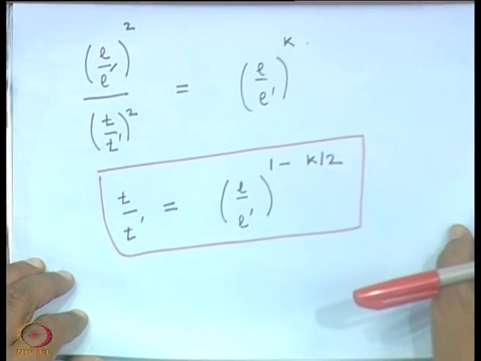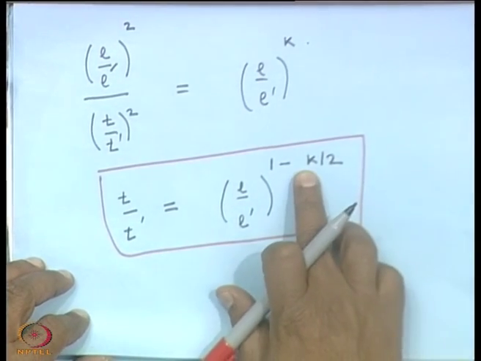And let us ask the question, how does the time period change with the size of the orbit, with the length scale of the orbit? That is quite straightforward. We have just worked out how the time period is expected to change with the length scale of the orbit. It is given over here, and k is -1.